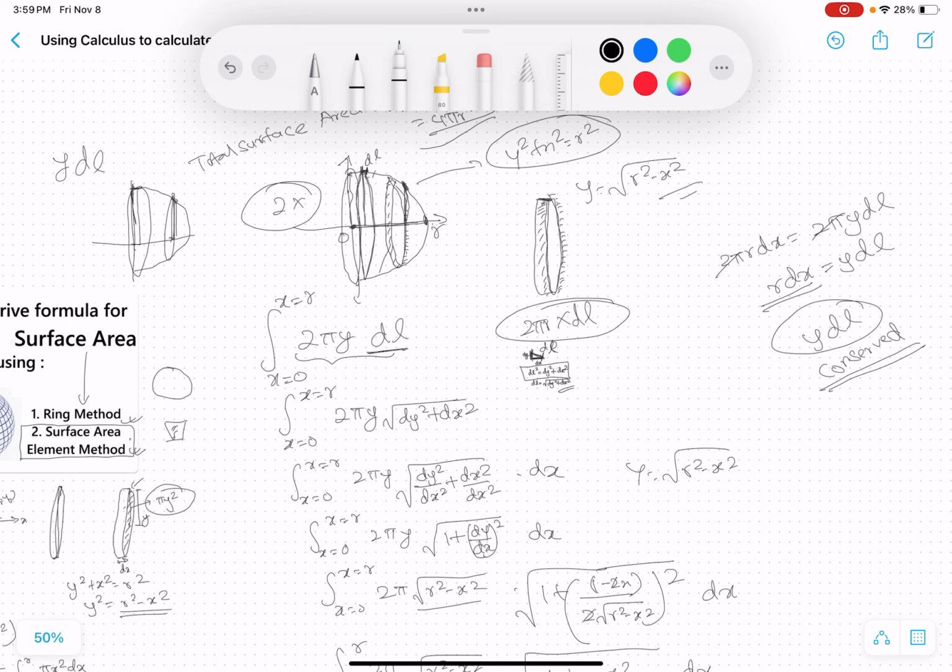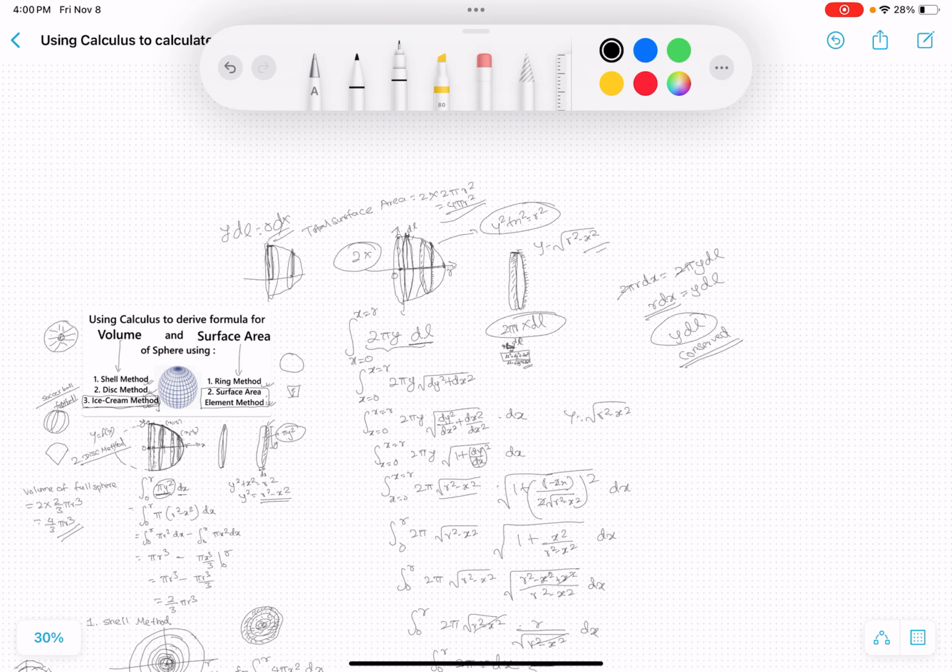So yeah, we could have just used that at this very point it's actually just r dx, and then we could have written 2 pi r dx over here, and then easily integrated. This one is an interesting observation, guys. Try to remember that in a sphere, the y times dl is always conserved. Okay. Yeah. Now, let's not get deep about this. We have something else to do as well, right?